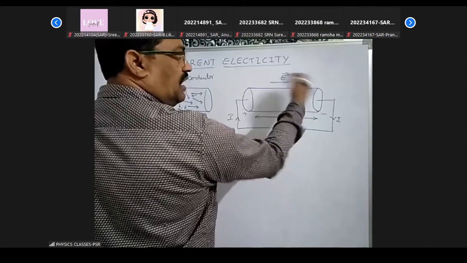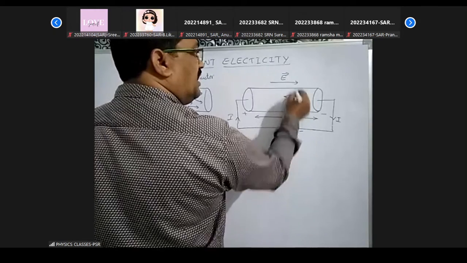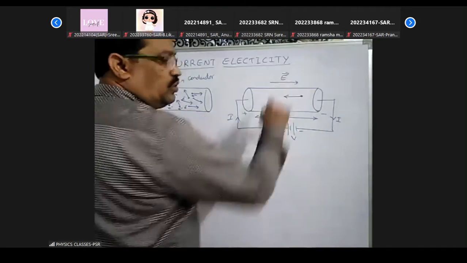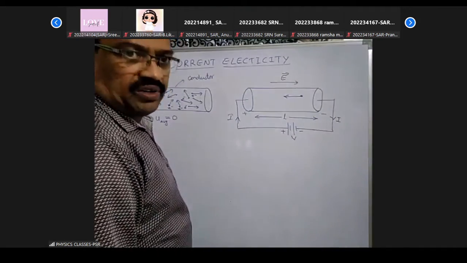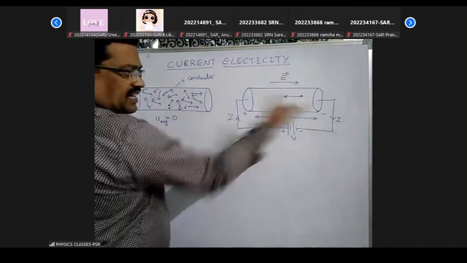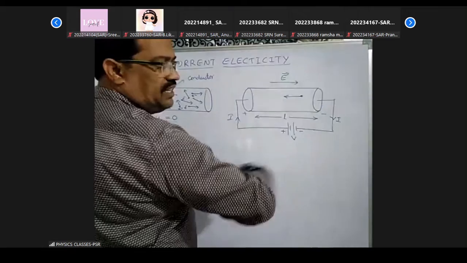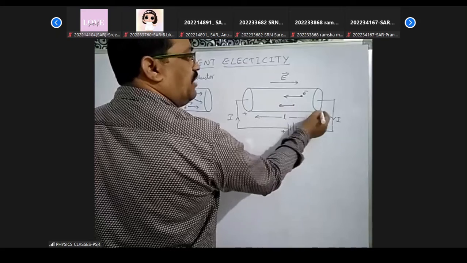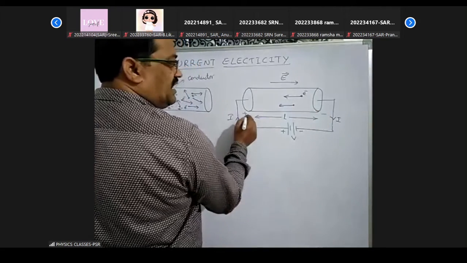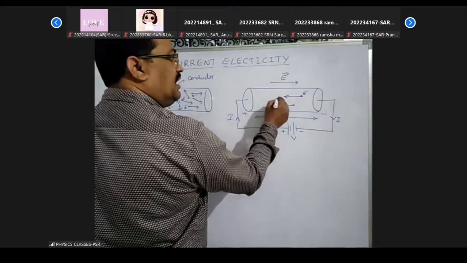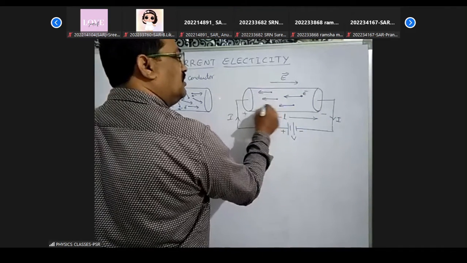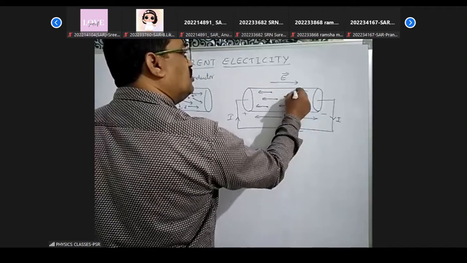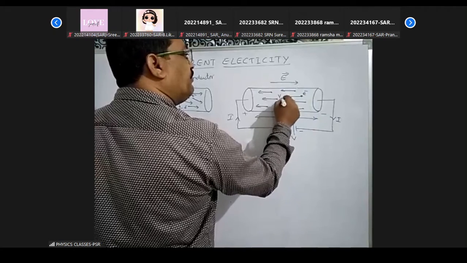But all electrons drift in the direction opposite to the electric field. Why? Because the force on an electron charge is equal to minus eE. This positive end attracts the electrons, and this negative end repels the electrons. That's why all electrons are repelled by the negative polarity and attracted by the positive polarity, and hence all the electrons move opposite to the electric field and travel with a constant velocity known as drift velocity.